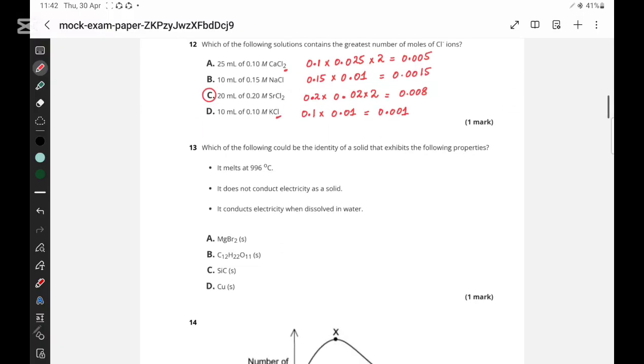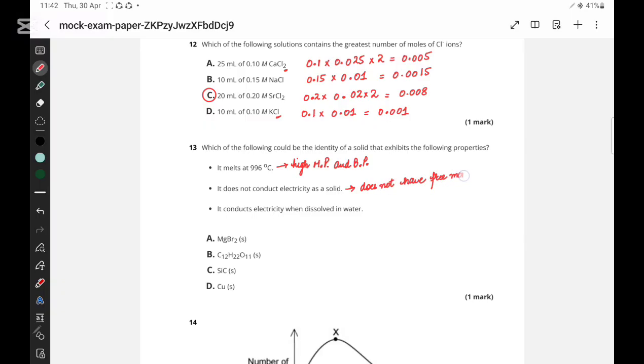Then for the next question: which of the following could be the identity of a solid that exhibits the following properties? It melts at 996, so that means it has a high melting point and boiling point. The next one, it does not conduct electricity as a solid, which means it does not have free moving ions.